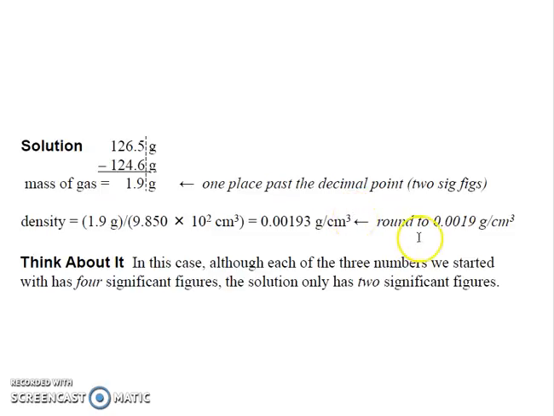You'll round this to 0.0019 grams per cubic centimeter. The leading zeros are not significant, and the 3 does not change the value of the 9.